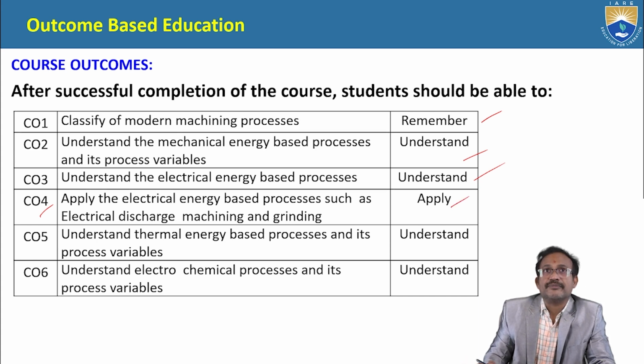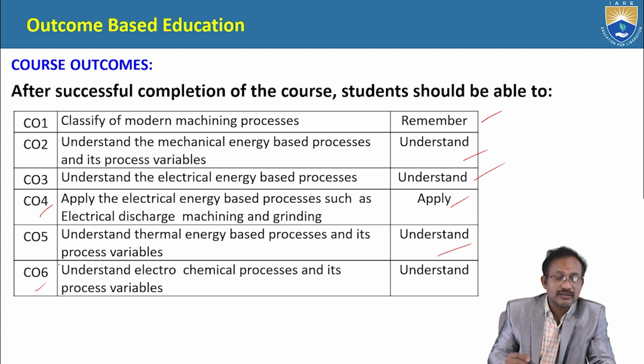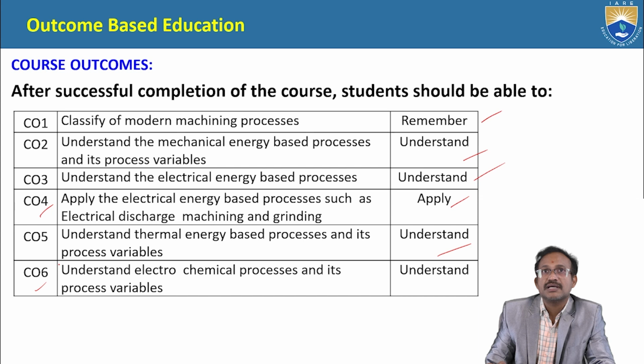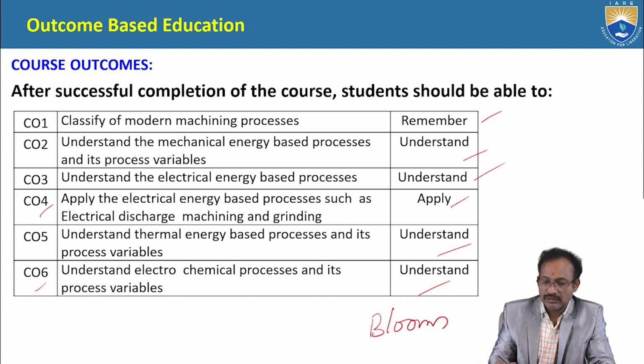Course outcome 5, understand thermal energy based process and its process variables, in understand level. And course outcome 6, understand electrochemical processes and its process variables, in understand level. So these are the Bloom's taxonomy levels.